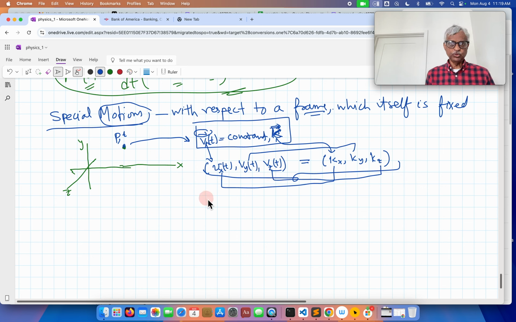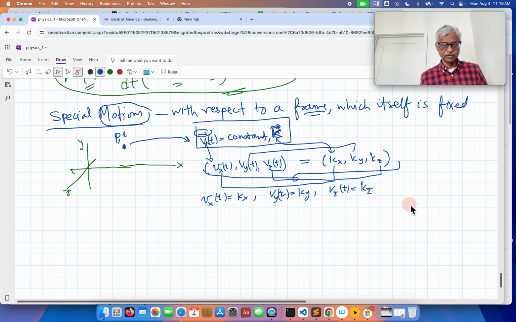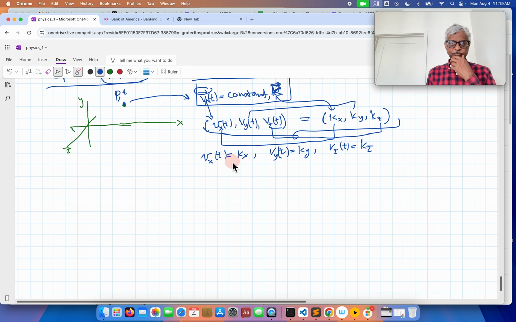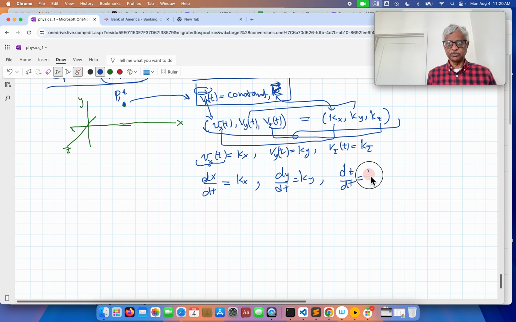So it leads to three equations: vx of t is kx, vy of t is ky, vz of t is kz. You already know vx is dx/dt equals kx, dy/dt equals ky, and dz/dt equals kz.